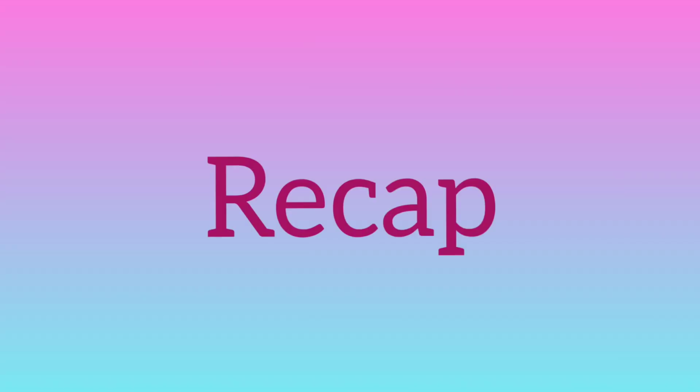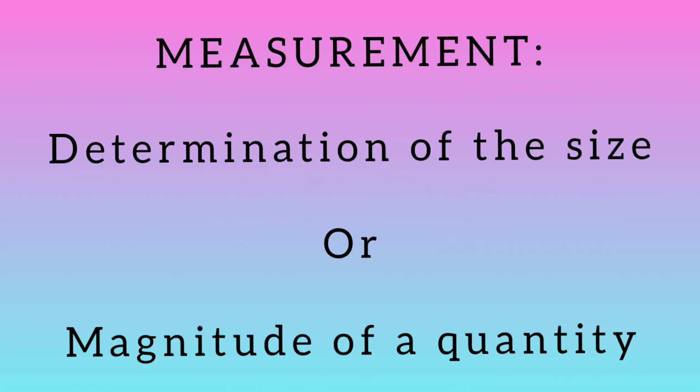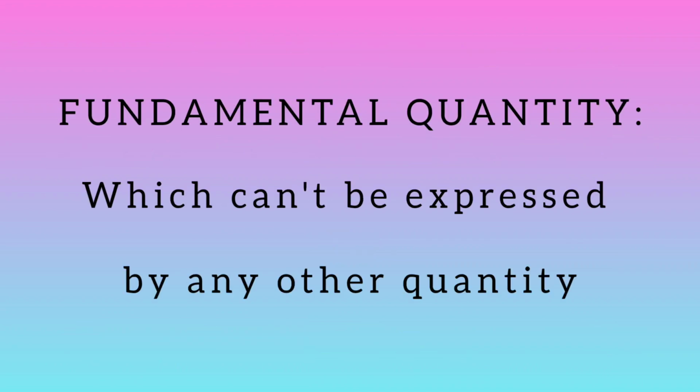Let's recall today's class. Today we have learned some definitions from Unit 1. Let's see one by one. Measurement. The determination of the size or magnitude of a quantity is known as measurement.